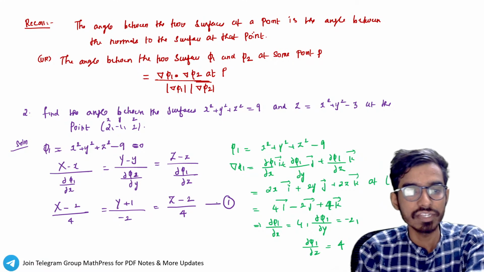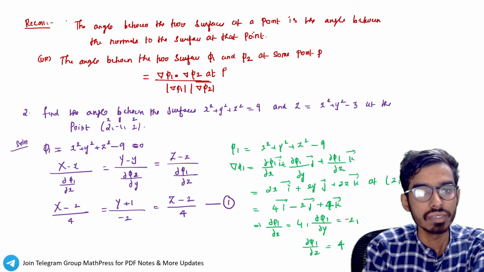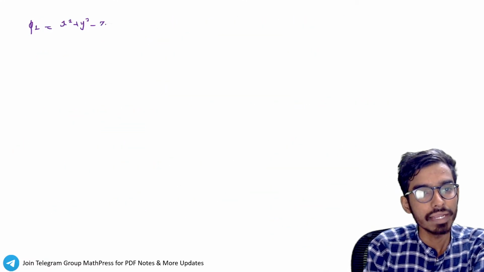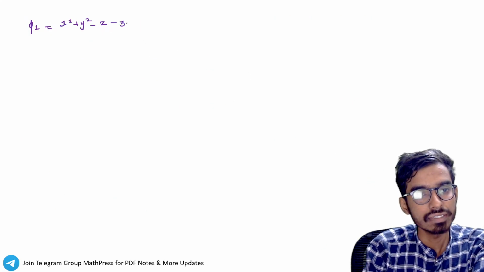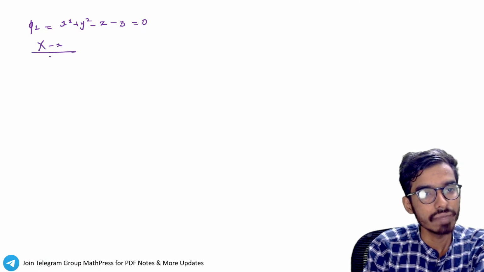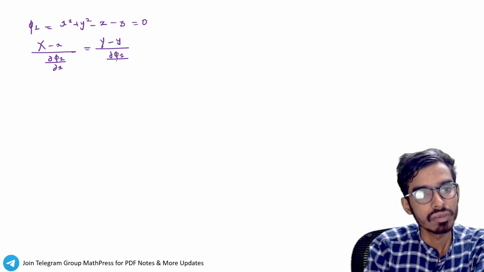Now we will find the equation of the second normal line. What is phi2? Phi2 is x square plus y square minus z minus 3 is equal to 0. What is the equation of the normal line? (X minus x) divided by dou phi2 by dou x, (Y minus y) divided by dou phi2 by dou y, (Z minus z) divided by dou phi2 by dou z.